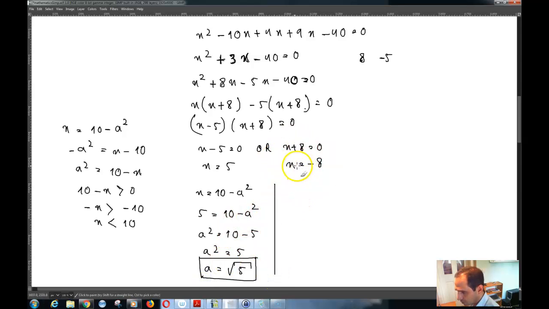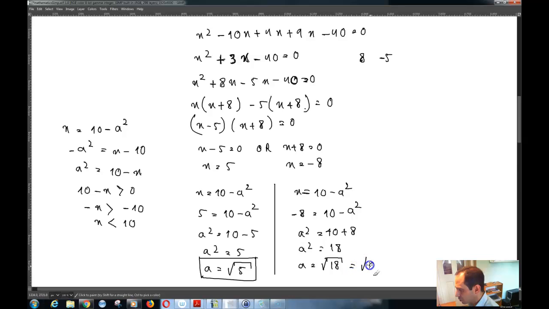And this will also be acceptable because if I write x is equal to 10 minus a squared, and x is equal to negative 8, then taking this to the other side, a squared is equal to 10 plus 8, and we see that a squared is equal to 18, so a is equal to the square root of 18, which is the square root of 9 times 2, which is equal to 3 square root of 2.